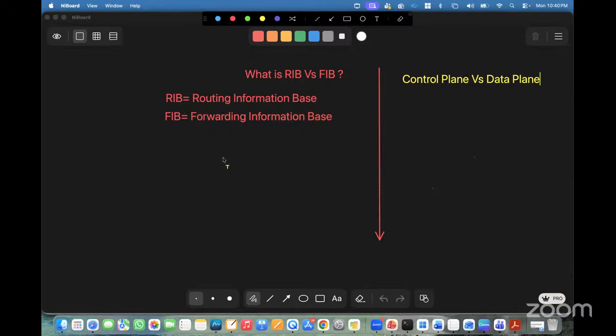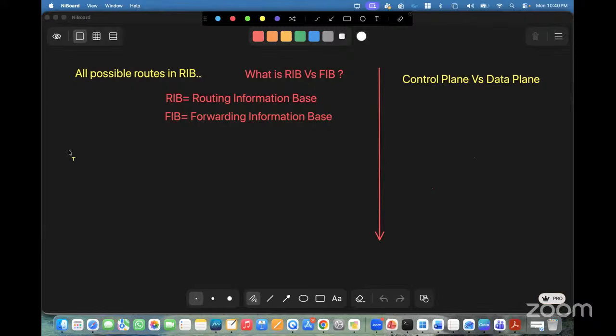What else? Come on. In the RIB, we have all the neighbor information, the connected neighbors and all possible routes. And in the forwarding information, how to reach the data from one hop to another hop.